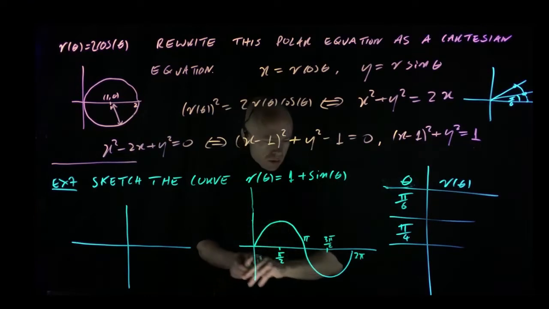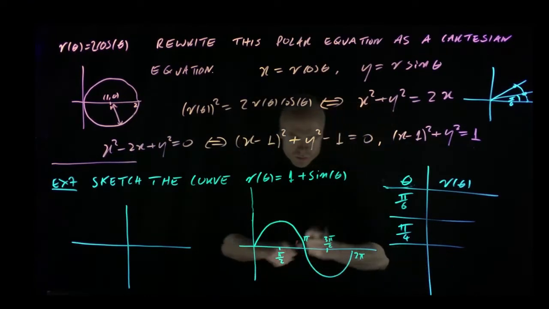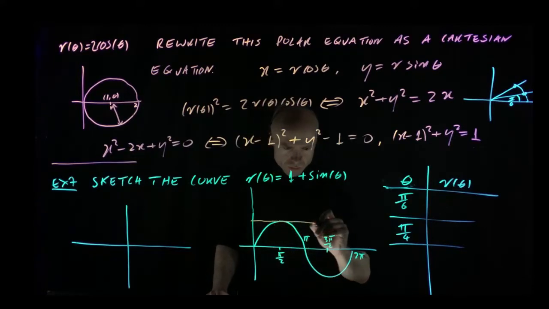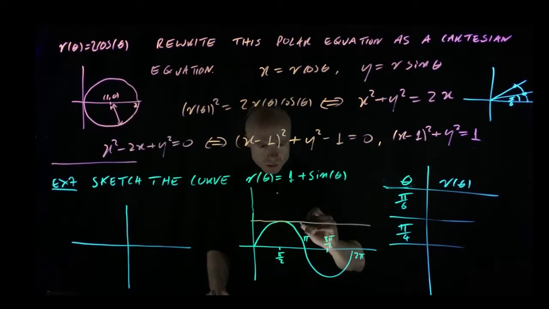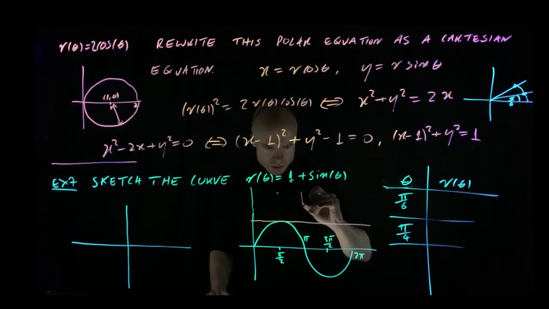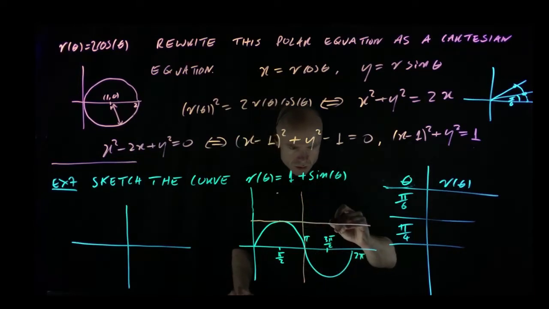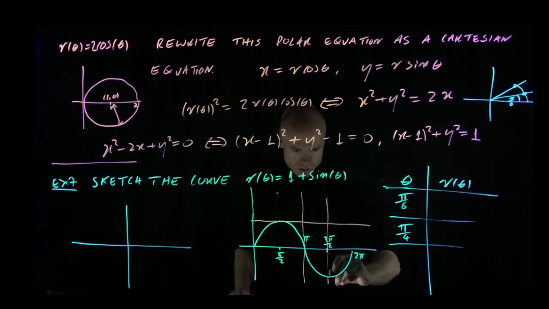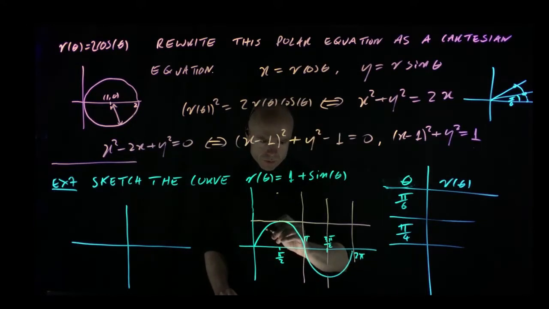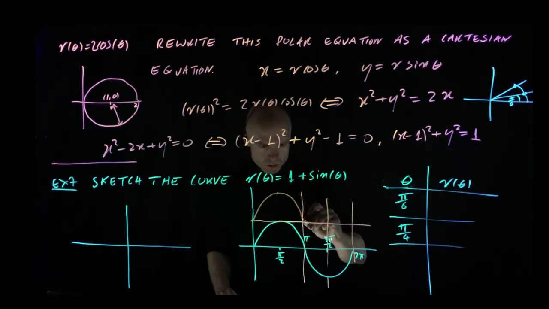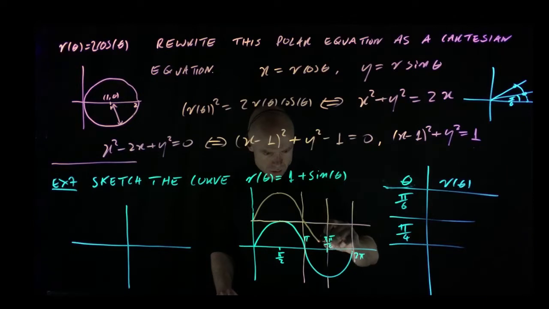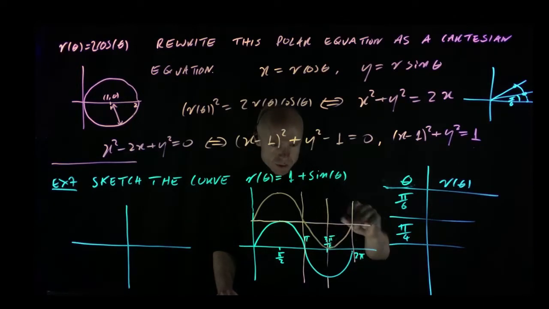So let's do this. If we shift, doesn't look too good. Shift everything up by 1, then we here. Around here we cross. Here we cross. Here we cross. So that's our guy.